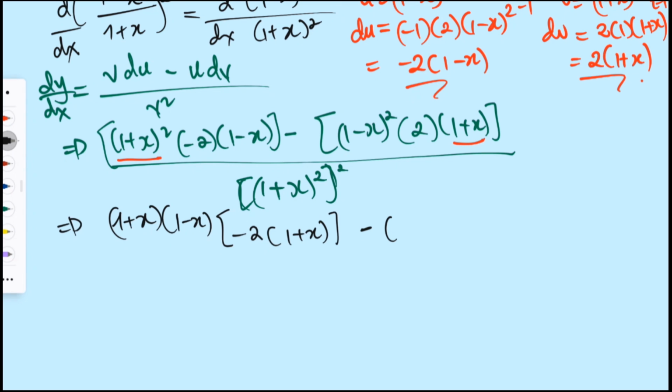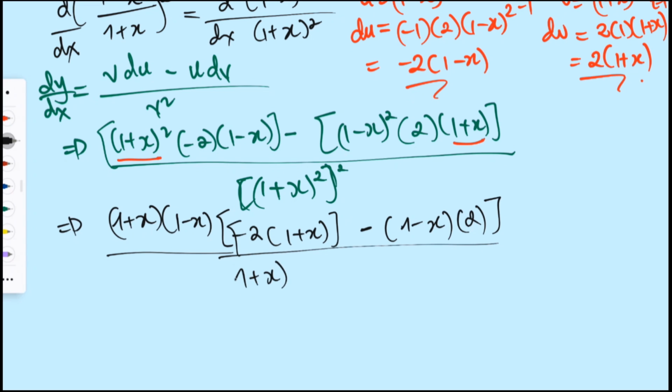We would have 1 of the 1 minus x being left over here, 2 as well, and that's practically it. Okay, all of this divided by 1 plus x to the power 4.